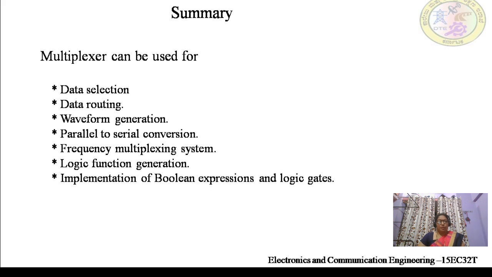It is used for waveform generation, for parallel to serial conversion. It is used as a frequency multiplexing system, and it is used as a logic function generator. And the main thing, it can be used for the implementation of Boolean expressions and implementation of the logic gates.